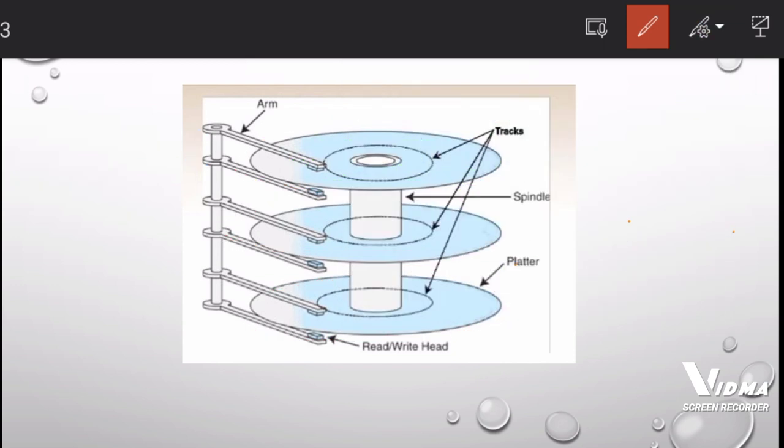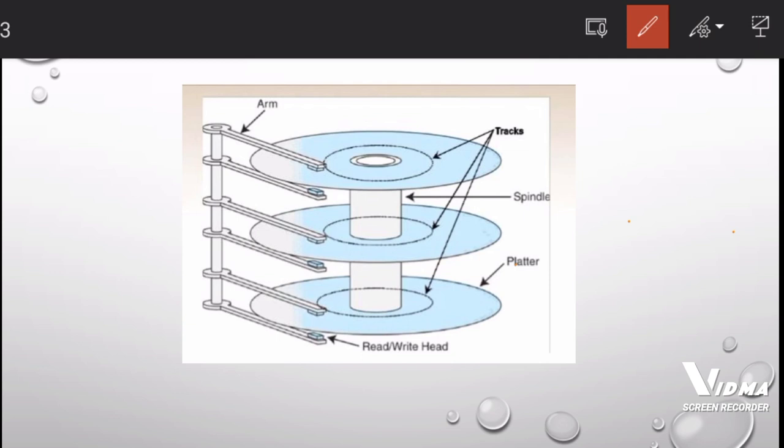When the user stores data, when the operating system stores data on memory, where does it store it? Data is stored in this sector. Now when the data has to be fetched again, obviously we will have to fetch it from the sector, but how will you reach that sector?